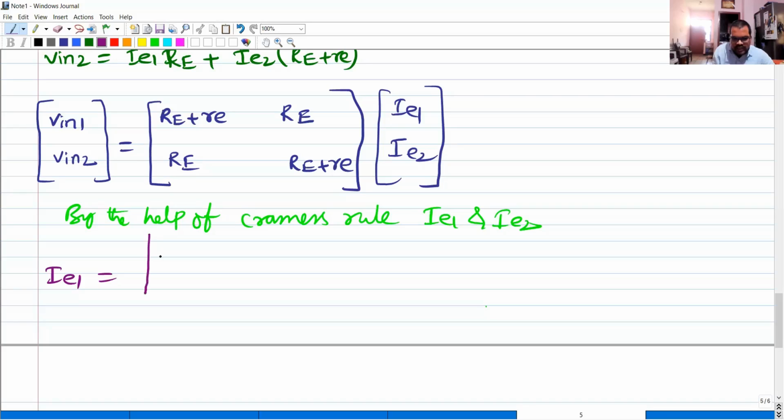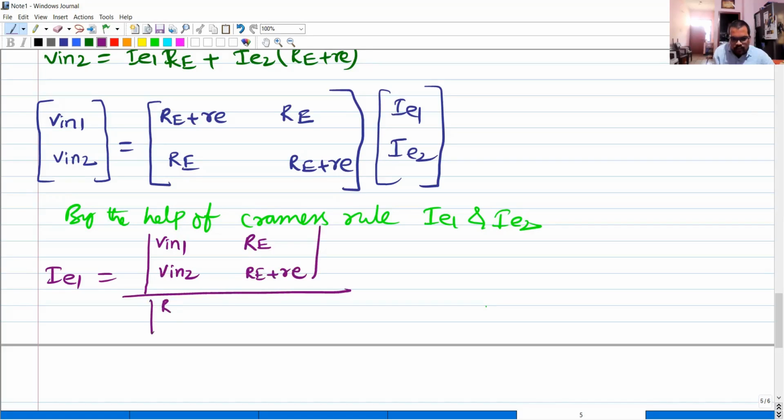This is a determinant: Vin1, Vin2, the remaining is the same, RE, RE plus RE, divided by the determinant of the original matrix. This is Cramer's rule. Now tell me what is IE1?